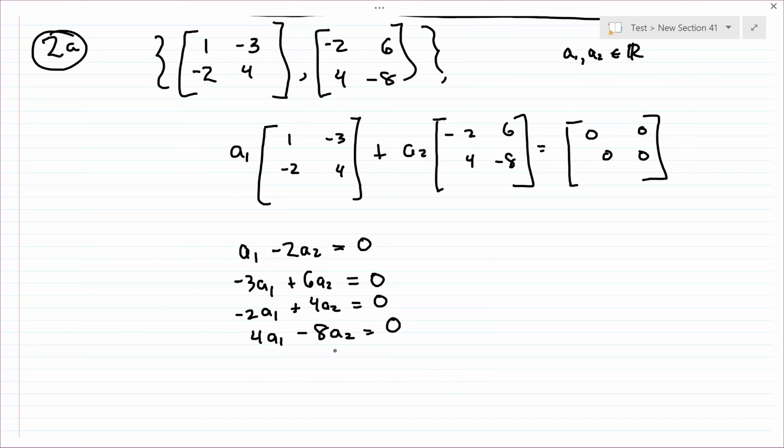I mean, the first equation and the last equation are really the same, because if you multiply this by 4 and this by 4, you get this one. So I don't think I need this equation at all, because it's really the same as this one.